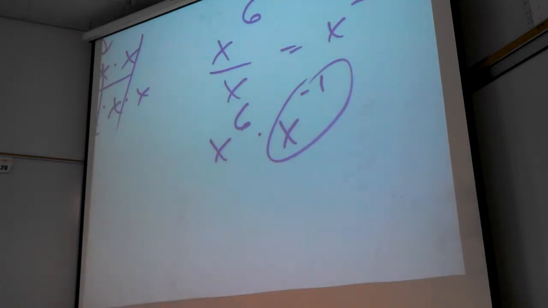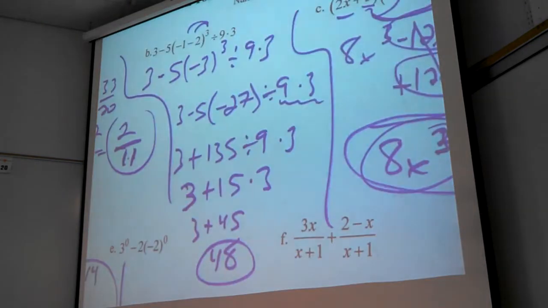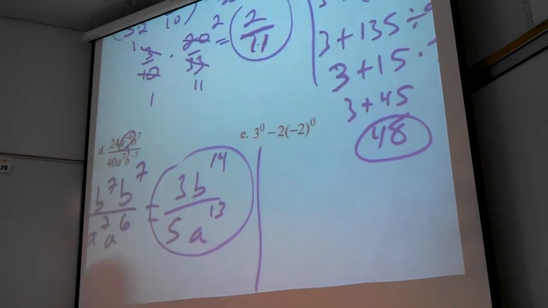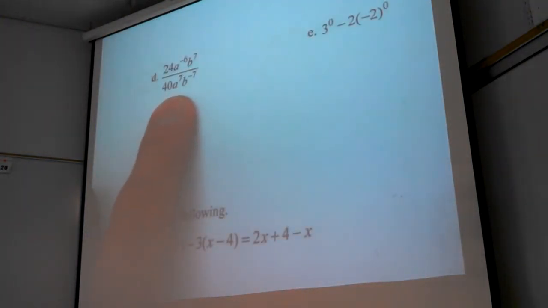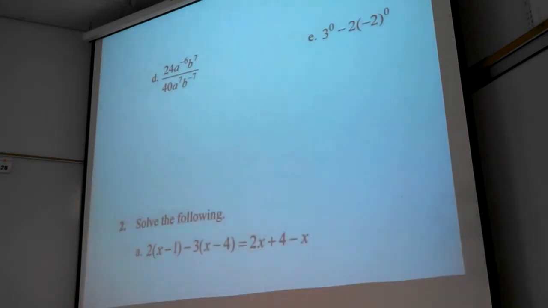Why didn't you cancel out the 7s attached to the b's? Alright, you're going to love this. This problem has no 7s in it. Does anybody understand what I mean by that?